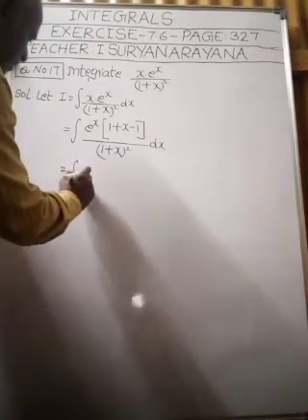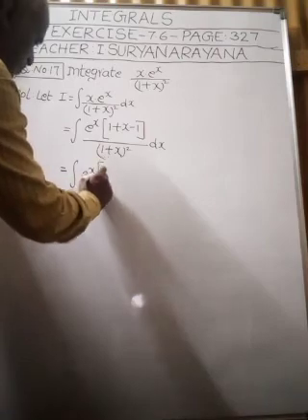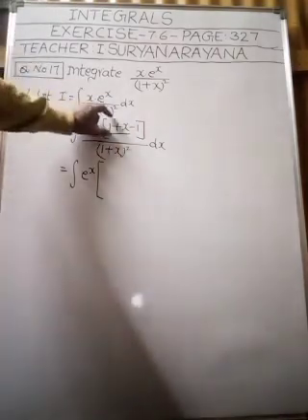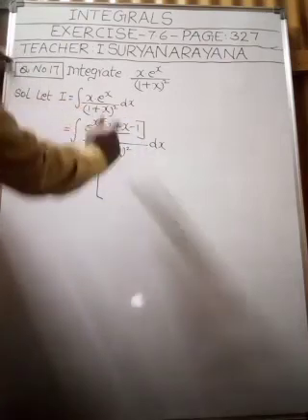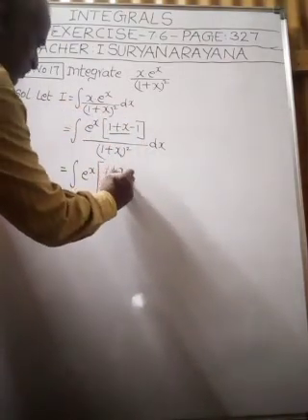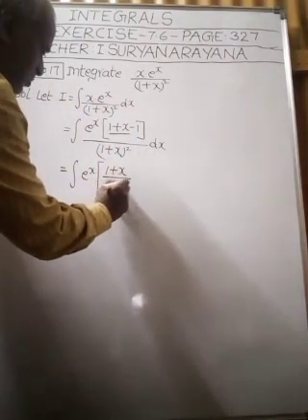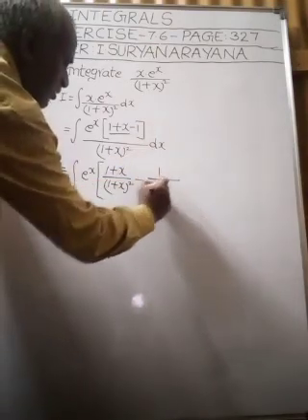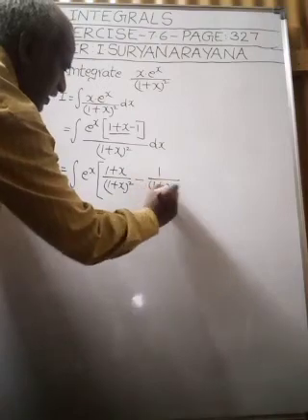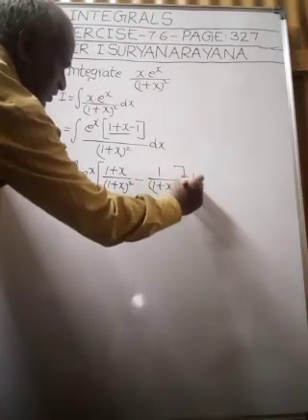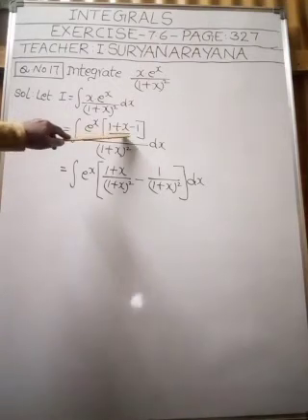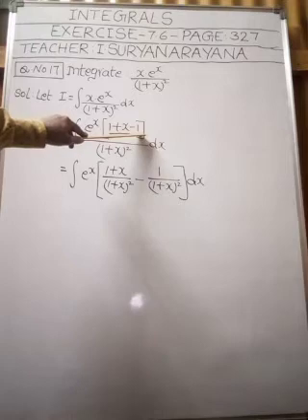That is equal to integral e power x into, here I am assuming that this is the first term, this is the second term. So (1 plus x) by (1 plus x) whole square minus 1 by (1 plus x) whole square dx. I am just splitting into fractions by assuming 1 plus x as the first term, minus 1 as the second term.